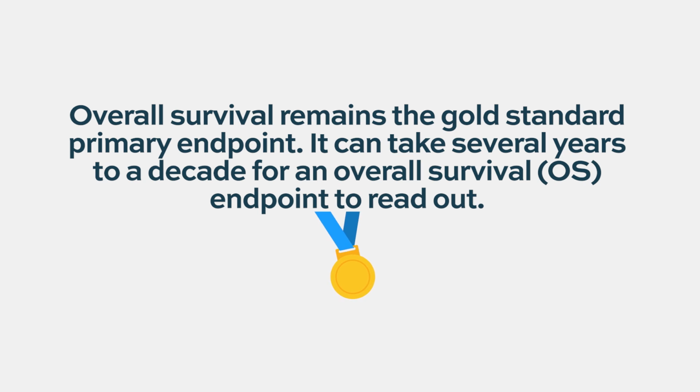In trials, the gold standard is to look at overall survival, but for a disease like myeloma, where people live several years, it can take many, many years for a trial to read out overall survival. So you need endpoints that you can reach quicker to help move drug development along more quickly.